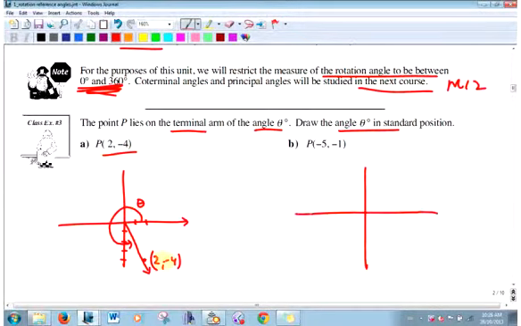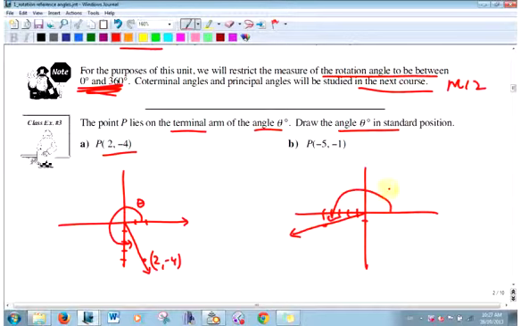What quadrant is that in? That point? 4. Okay, right there. There's my terminal arm.